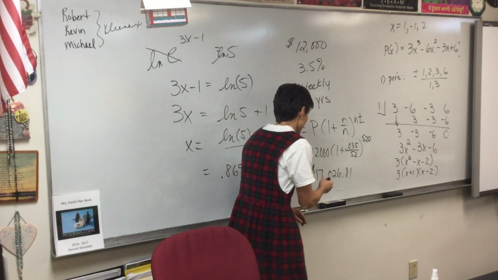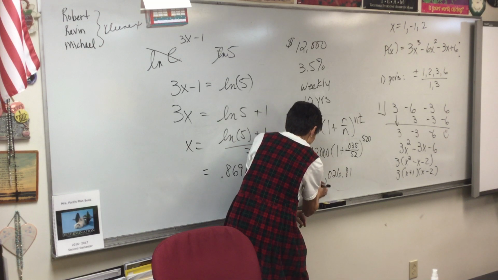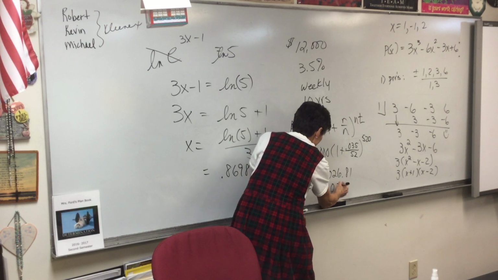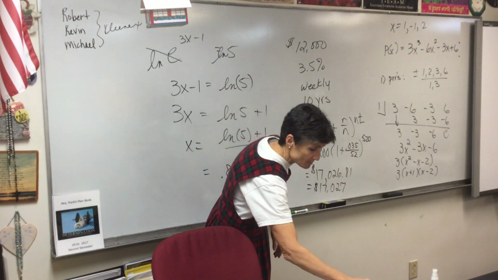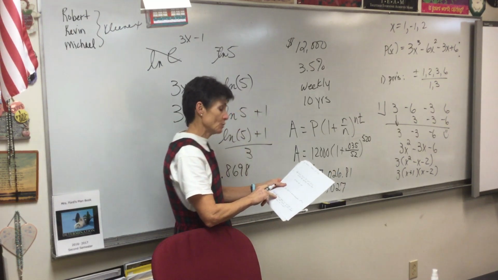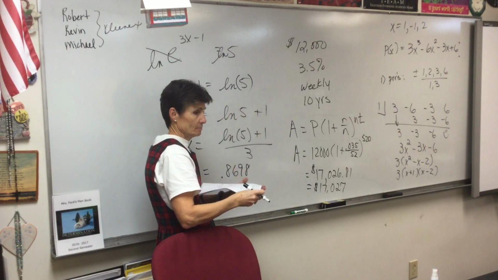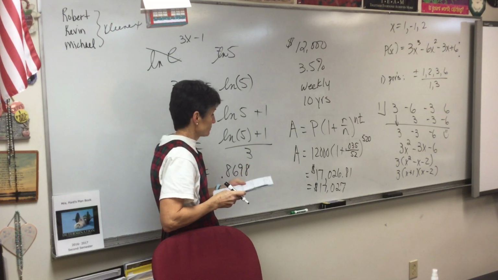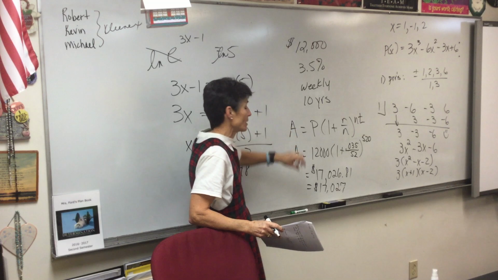Yes. So if we round up to the nearest whole dollar, that would be 17,027. The only reason I'm doing that is because that's what it says. This is free response. This is a calculator question.